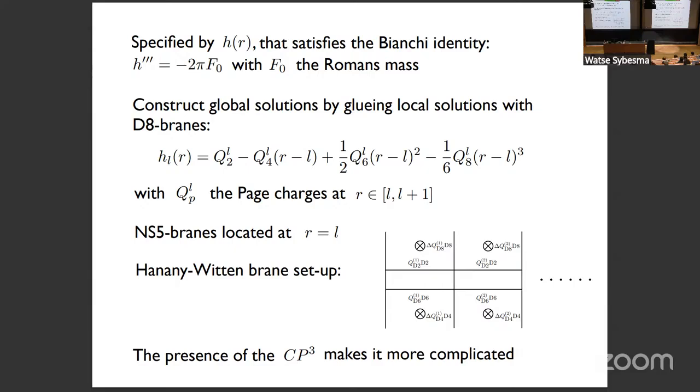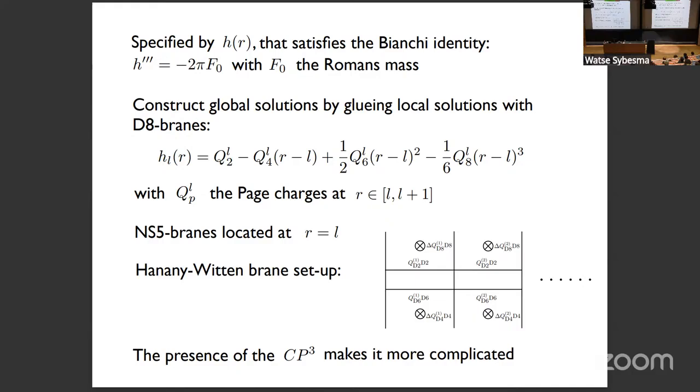You take F0 defined in intervals, and then with the H3 having jumps where the D8 branes are inserted. In this way, this H function, which is a cubic polynomial, and therefore depends on 4 different constants, you can choose these constants.